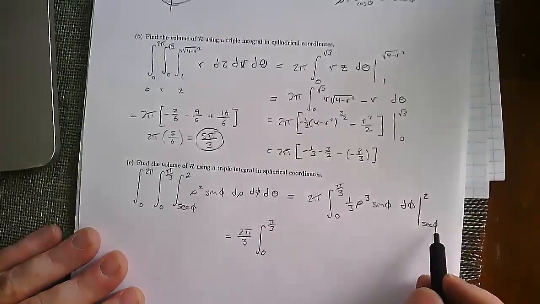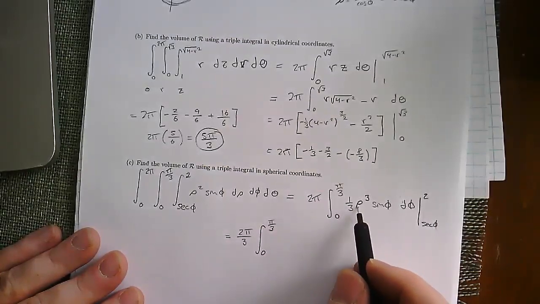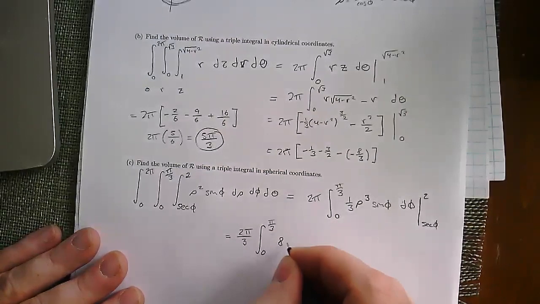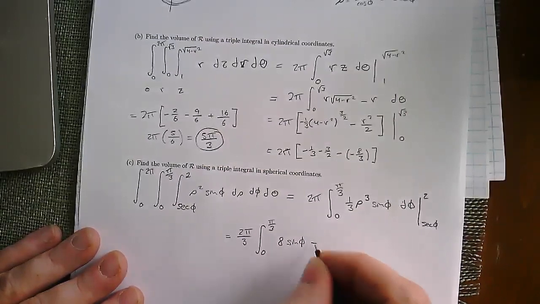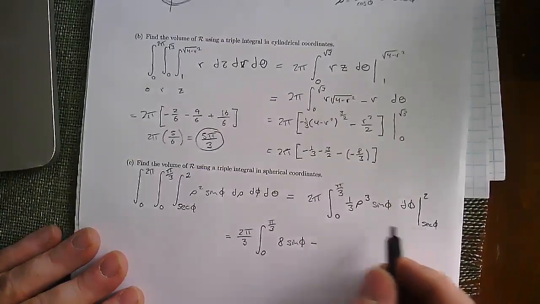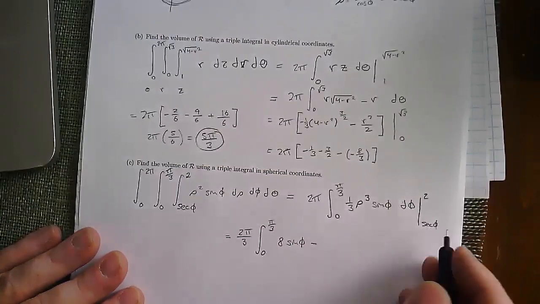Okay, if we plug in 2, let's see, that would give us, I think, 8 sine phi. I've already factored out that 1/3, so 8 sine phi minus our lower endpoint here. So we'll plug in secant for, I'm sorry, for rho.